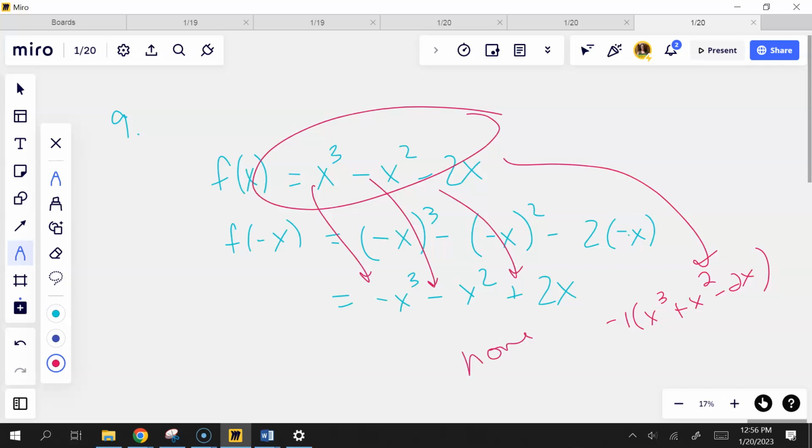If this sign right here had been a plus, it would be opposite, odd. This would be origin, or odd is origin algebraically. Even is the same, yeah.